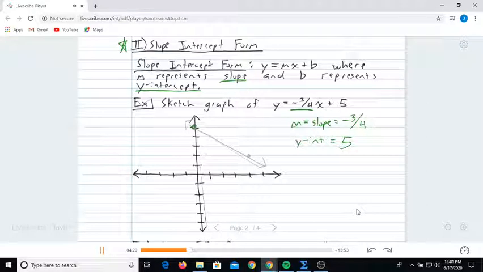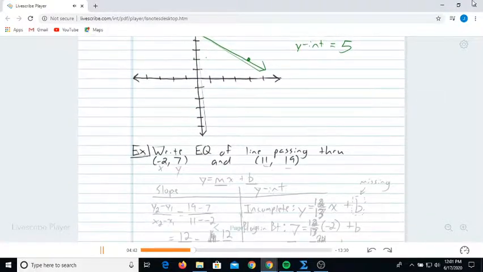So that tells me that it's going to cross the y-axis at positive 5, and then the next point is going to be down 3 over 4. So I'm going to count down 1, 2, 3, and over 1, 2, 3, 4, and mark the dot. So I just went down 3 over 4. 2 points is sufficient to sketch a unique line, connect the dots, and there's our graph. And as you can see, it is decreasing because the slope is negative.